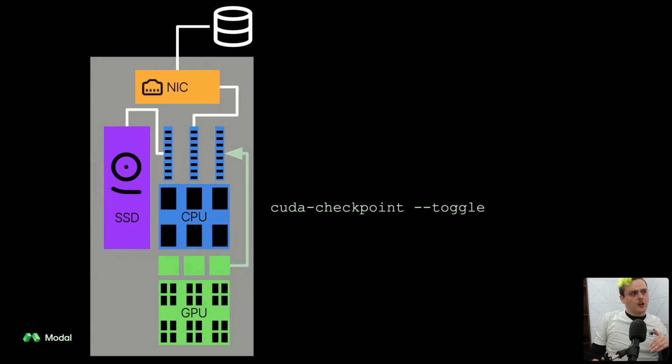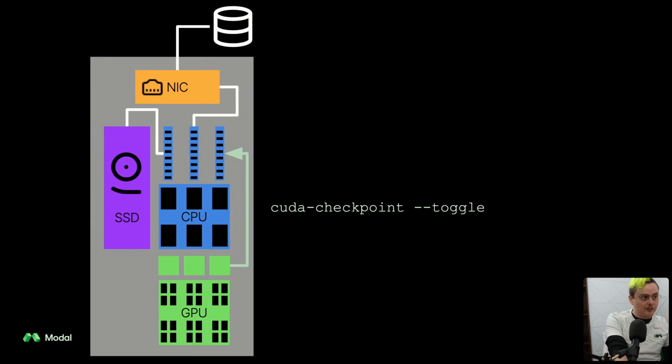So CUDA checkpoint will take all of the data structures and things present on the GPU and driver state, etc. And if you call CUDA checkpoint, then it will move all of that information out of the GPU memory and into the host memory, so into the CPU memory.